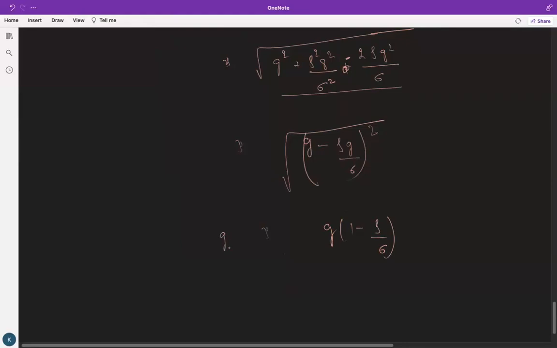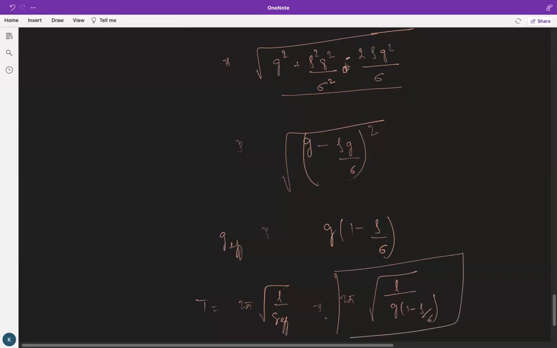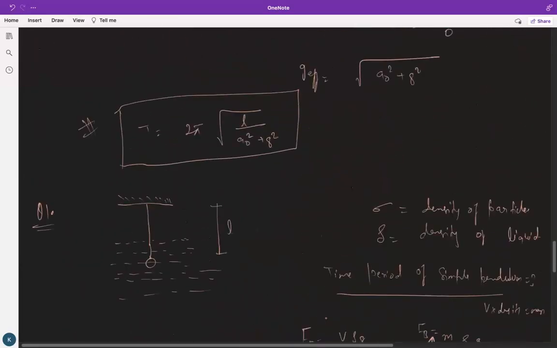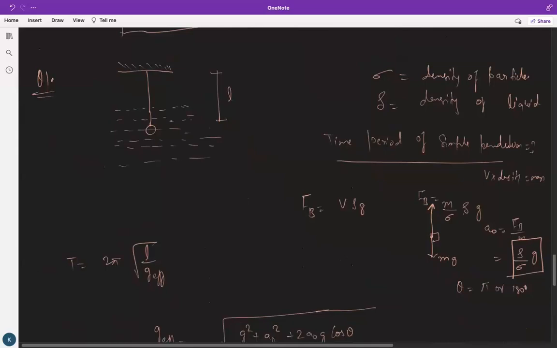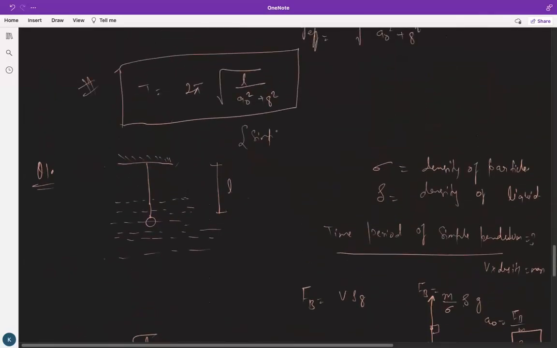This is our G effective. So our time period is 2 pi root under L by G times 1 minus rho by sigma. This is the time period of this simple pendulum dipped in the fluid. I hope it is clear to all of you what I am trying to say.